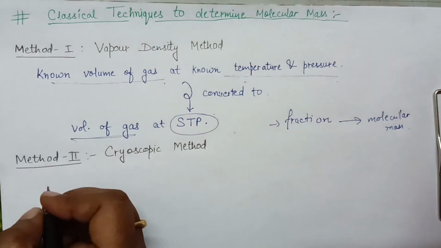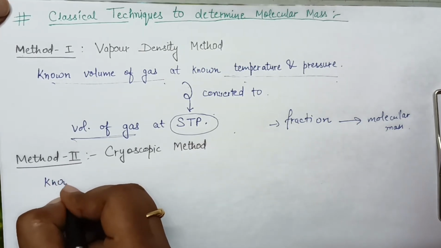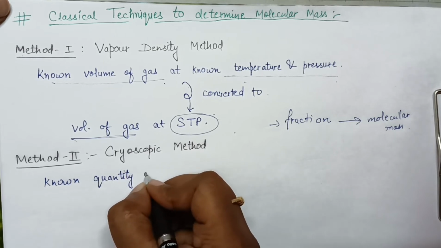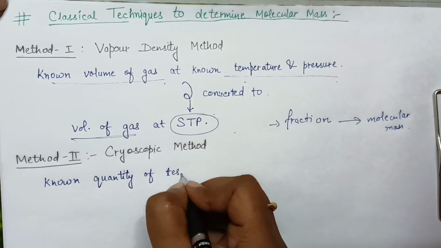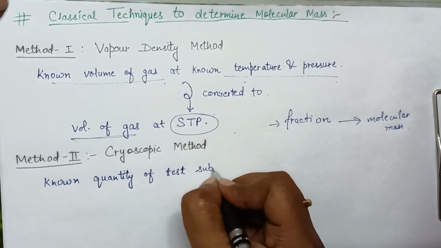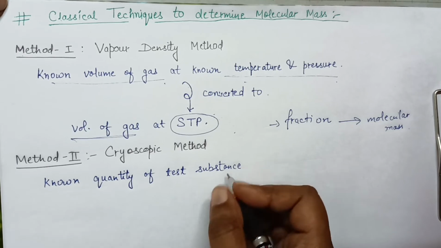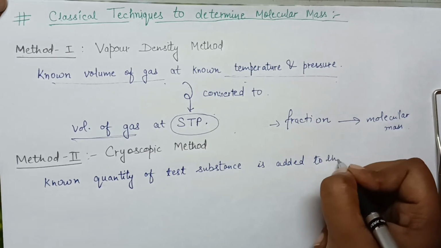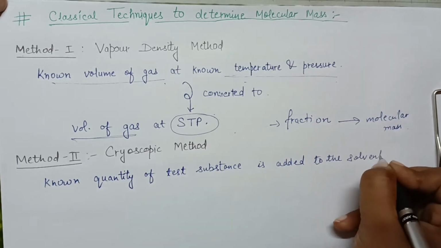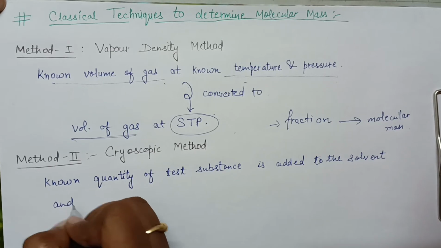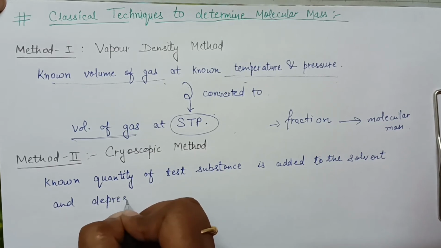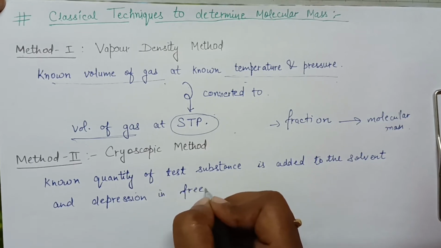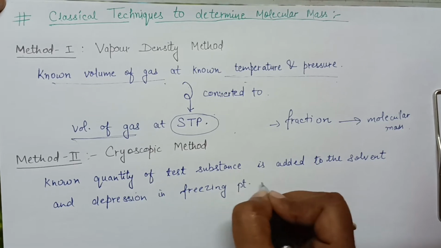In this method we will take a known quantity of test substance and add it to a solvent, and the depression in freezing point is measured. I hope this term is familiar to all of you.